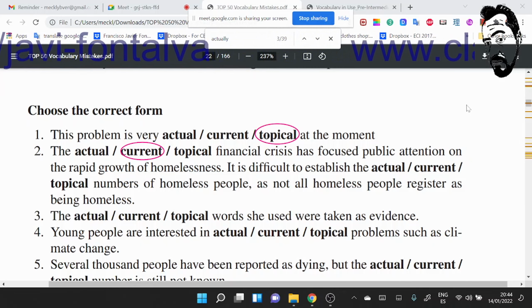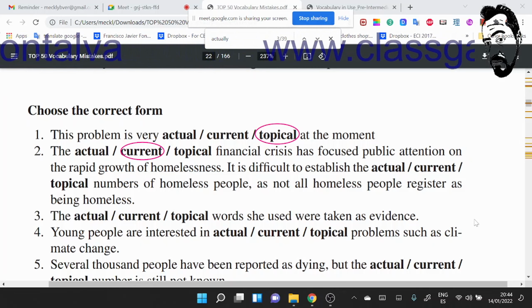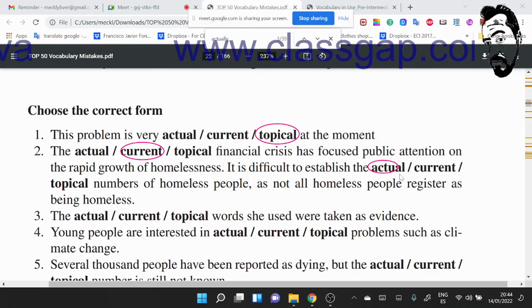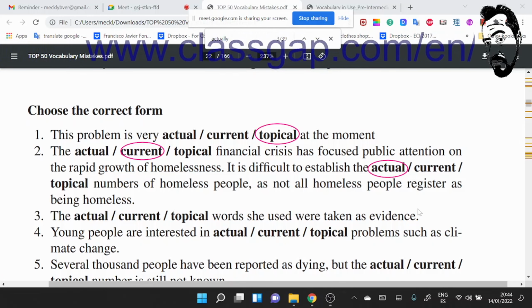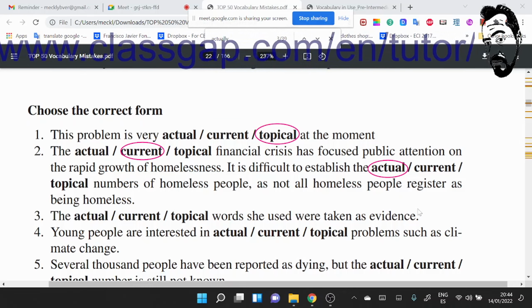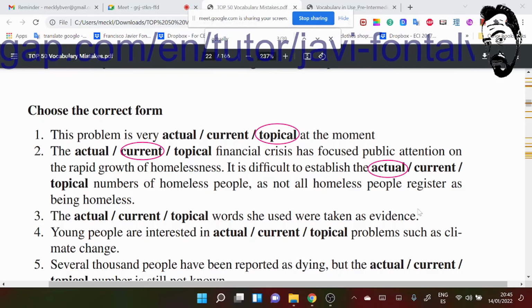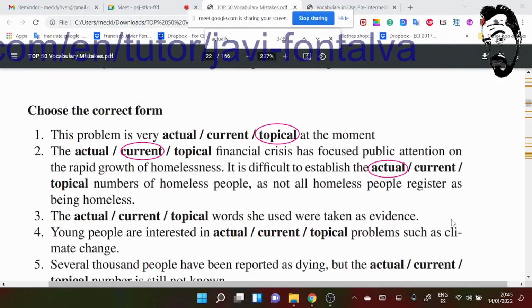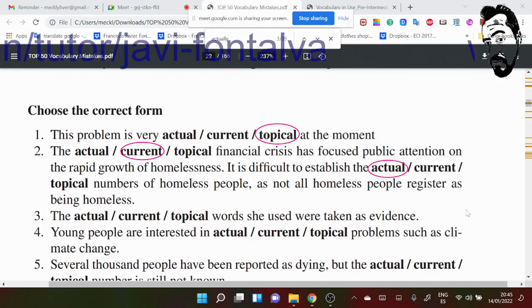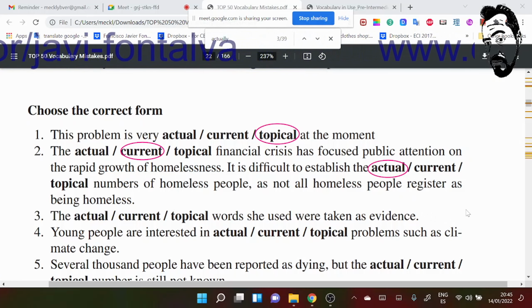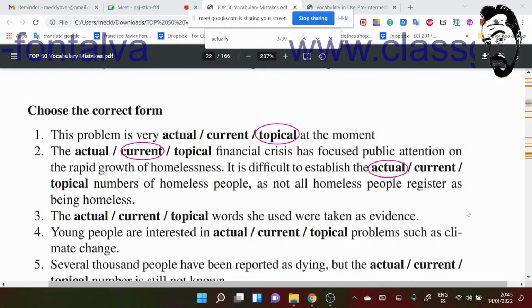It is difficult to establish the actual numbers of homeless people, as not all homeless people register as being homeless.